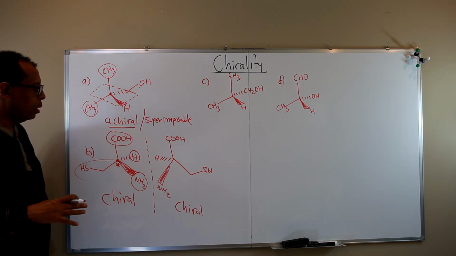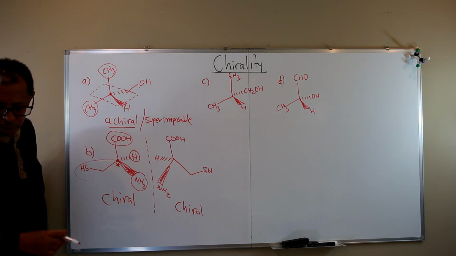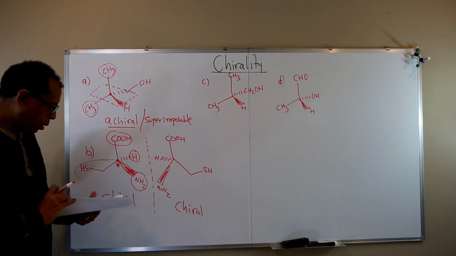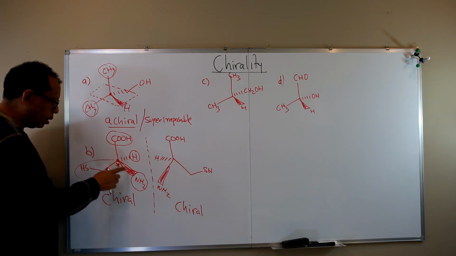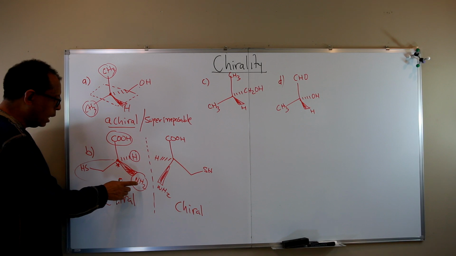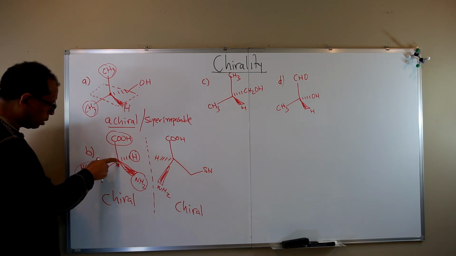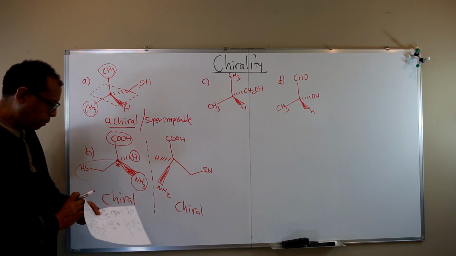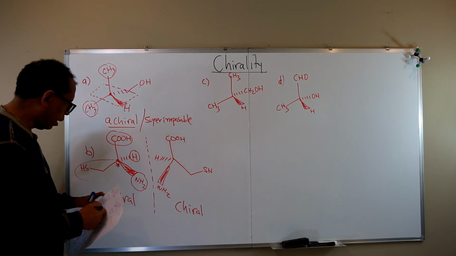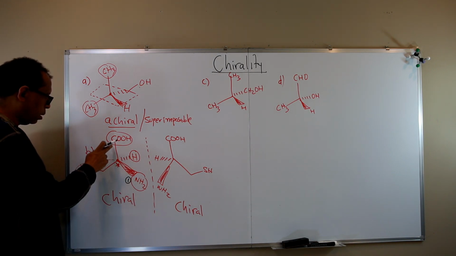In the meantime, I also want to go through how you assign whether this compound is an R or an S molecule. We can do it by assigning priority. So this carbon is attached to nitrogen. Nitrogen is atomic number 7, carbon directly attached is atomic number 6. Therefore, the priority for this molecule would be: one would be NH2, two would be this one.